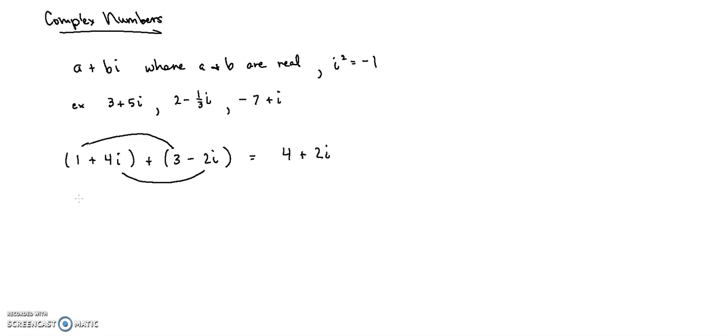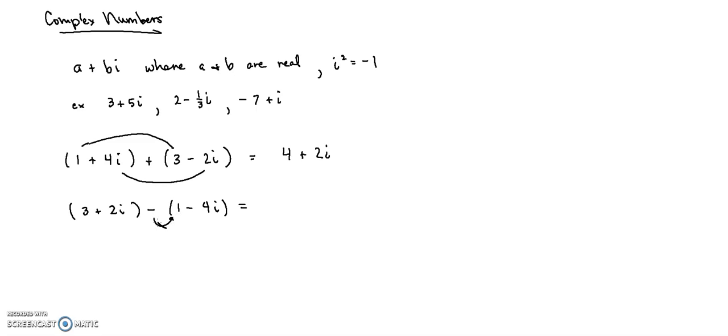So just like if they were x's, you're going to combine like terms and put the numbers together and the i's together. If you have subtraction, let's say we've got 3 plus 2i minus 1 minus 4i. So when you subtract complex numbers, you just have to remember to distribute that negative. That's super important. We've seen that before with some other things.